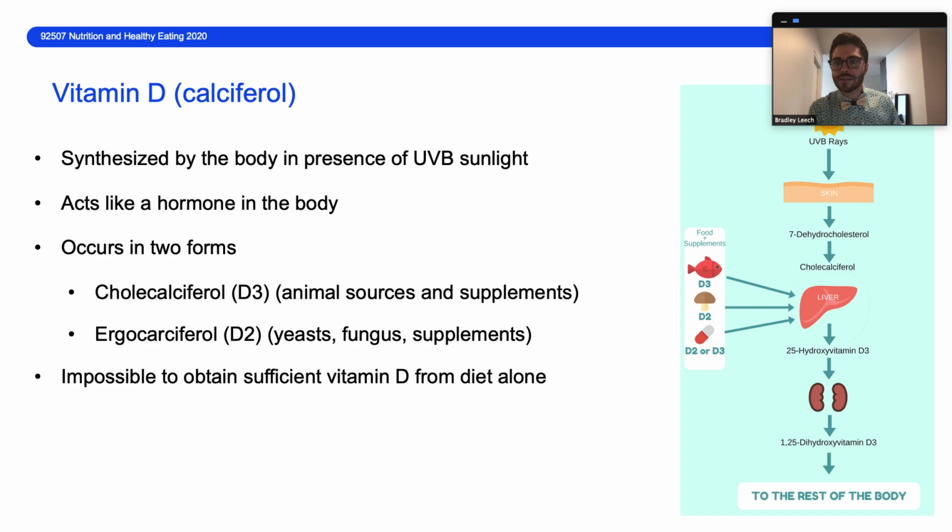Now, there are 2 different forms of vitamin D. You've got vitamin D2 and vitamin D3. Vitamin D3 is obtained from animal sources and is the most utilized or most beneficial form of supplementation in regards to vitamin D. Vitamin D2 is found in fungus such as mushrooms.